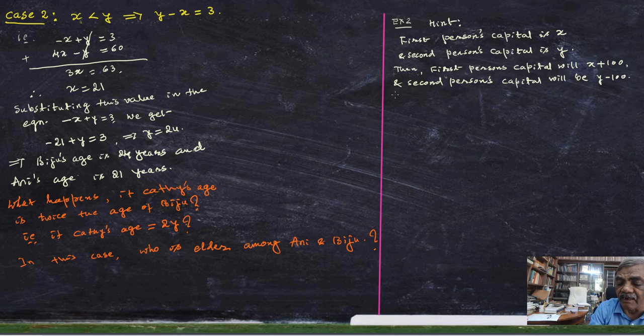And the first is going to be twice the second one, that is x plus 100 equal to twice the quantity y minus 100.